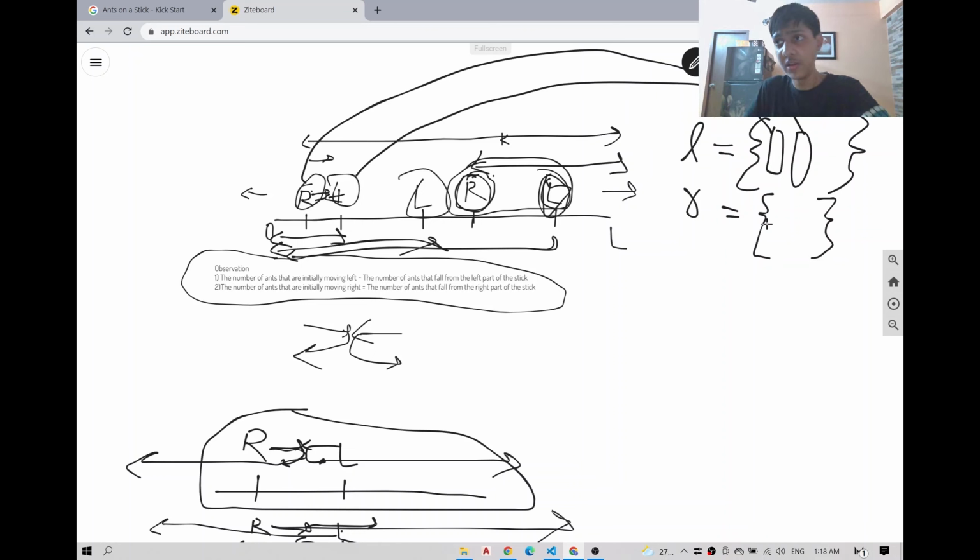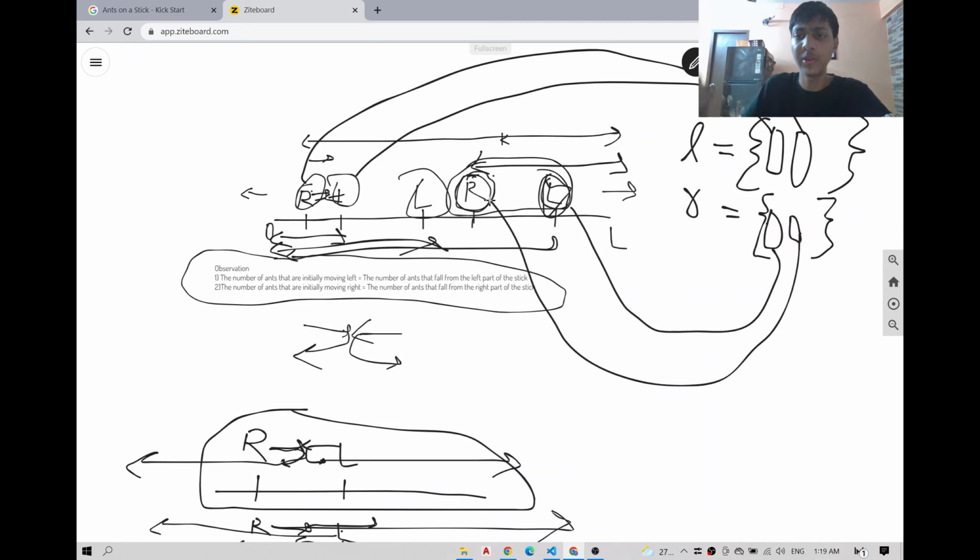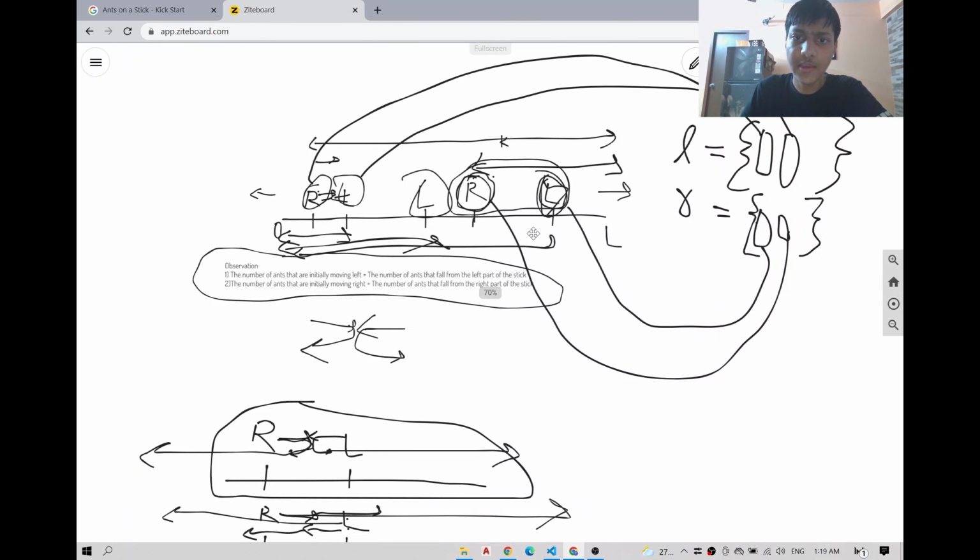And similarly in the right list, the minimum entry will correspond to the rightmost ant falling from the right end, the second minimum entry to the second rightmost ant, and so on. So in this way, we can also calculate the sequence in which the ants fall off, by calculating the times at which the ants fall off, mapping these times to ants from their distance from the left end and right end.